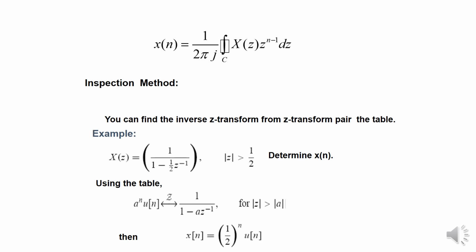You can use the results we have previously obtained directly to find x[n]. Here we are doing the comparison, and comparison means inspection. So this is the inspection method of finding the inverse Z transform.